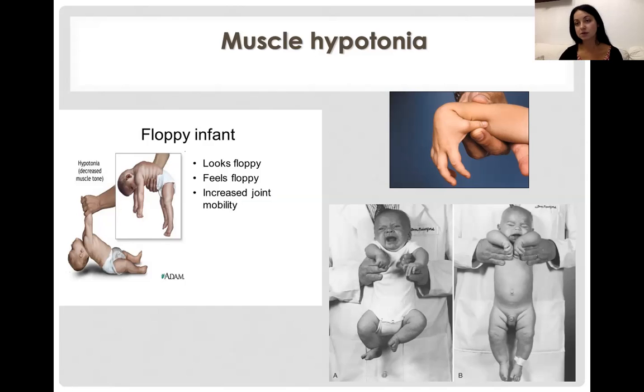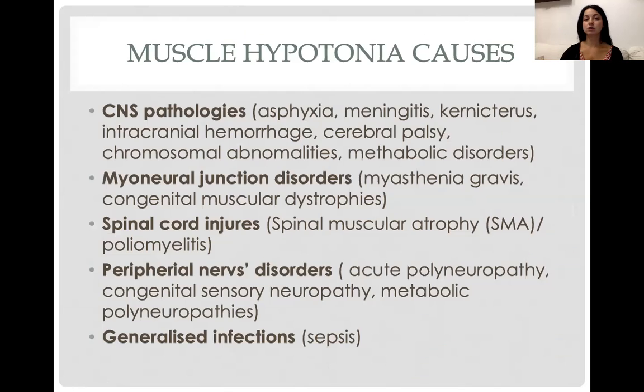Because neck muscles are floppy as well. Like on the picture, once you lift a child up, his legs stay extended and not flexed at all. Look, the increased joint mobility may be checked like this, and this increased joint mobility as well may be associated with hypotonus. Why may it happen?